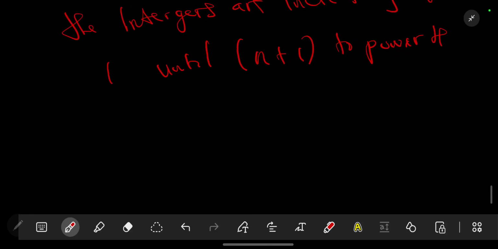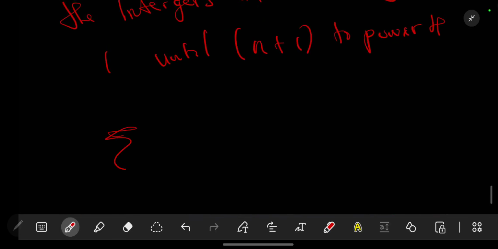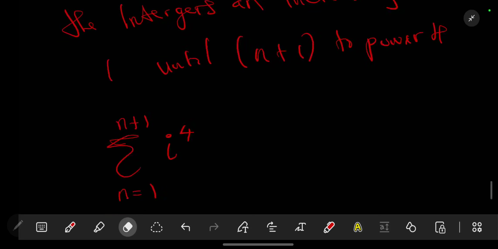So we can now say this will be the summation, the final one n plus 1, with n equal to 1, of i to the power 4. So that it begins at 1 to the power 4, plus the next one will be 2 to the power 4. It will increase until n plus 1 to the power of 4. So that is how you answer that one.